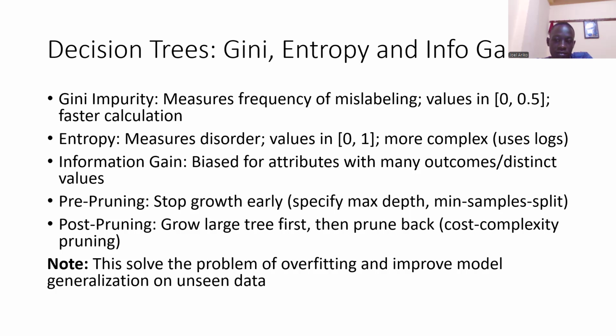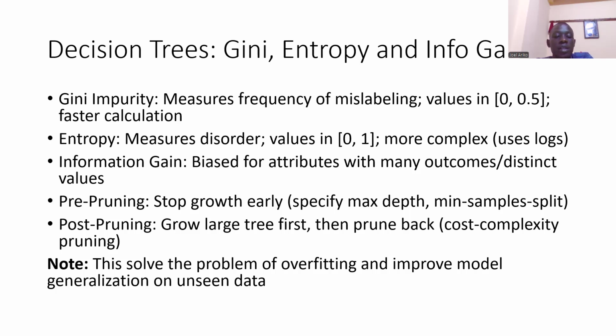Entropy is more complex, actually, because it uses logs. Then we have the information gain, which is biased toward attributes with many outcomes. To solve the problem of overfitting in decision trees, we do pre-pruning and post-pruning.